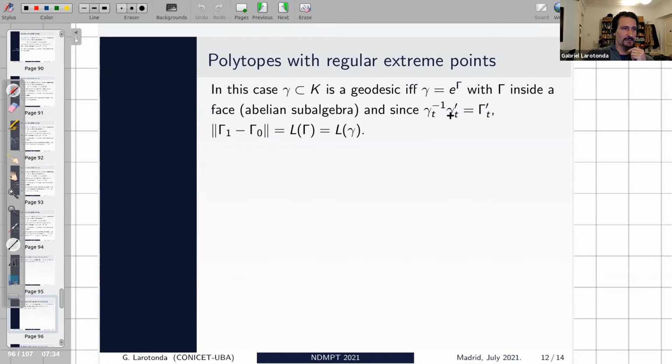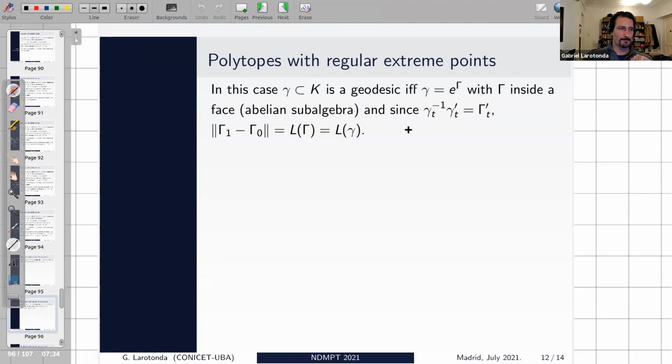Usually this logarithmic derivative is not equal to this, because the differential of the exponential map is usually very complicated in Lie groups, right? But if the gamma lives in a commutative Lie subalgebra, then this is easy to see. And moreover, since this path has optimal length, it has the same length as the curve below. So in this case, the exponential map acts as an isometry between the tangent space, the Lie algebra of the group, and the group.